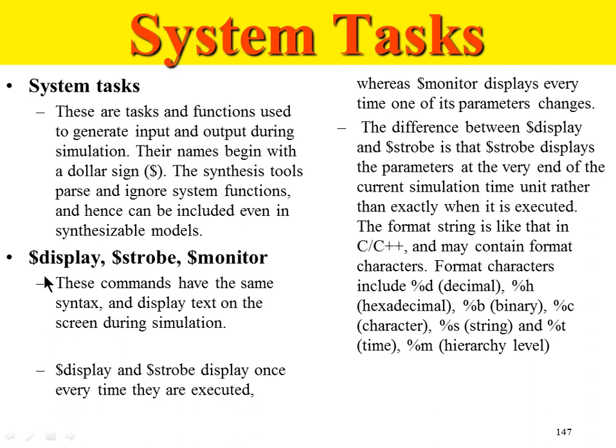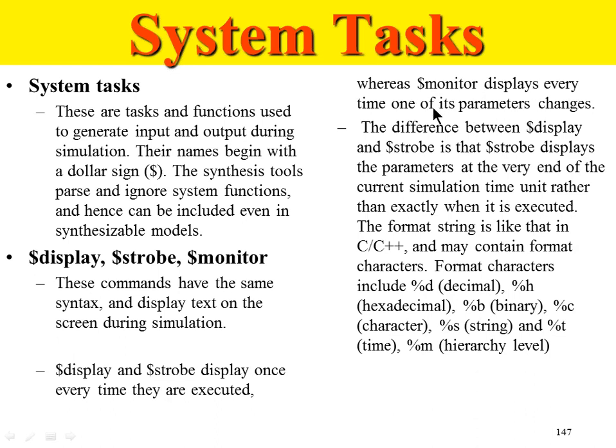The first set of system tasks is dollar display, dollar strobe, dollar monitor. Each of these tasks helps us print a particular statement or display a particular message in the simulation window, and there are slight variations to each. Dollar display and dollar strobe display once every time they are executed, whereas dollar monitor displays every time one of the parameters changes.